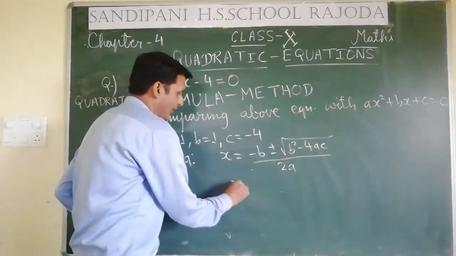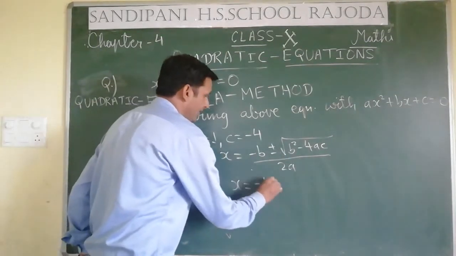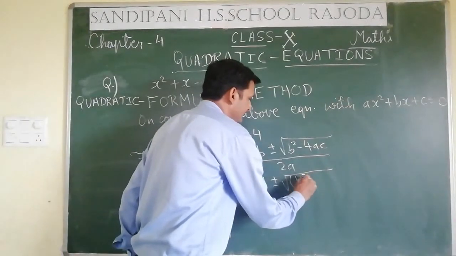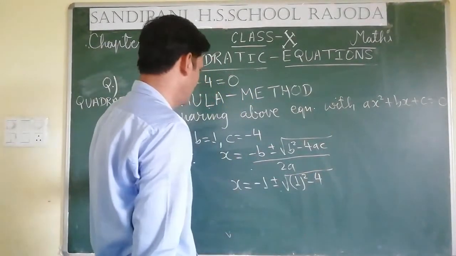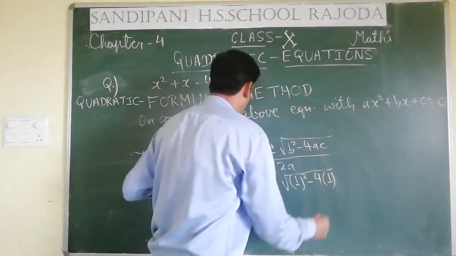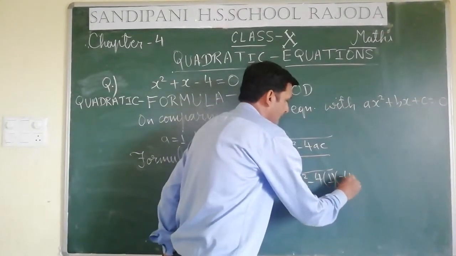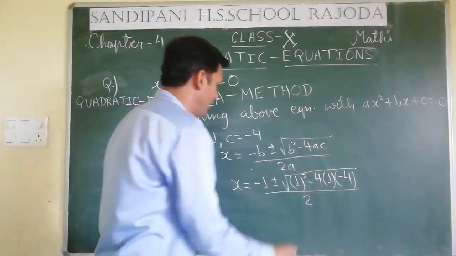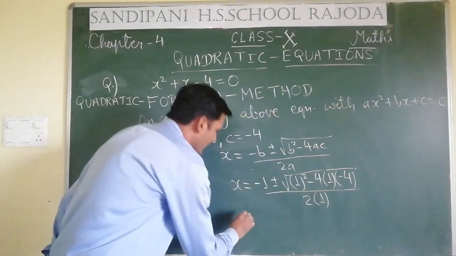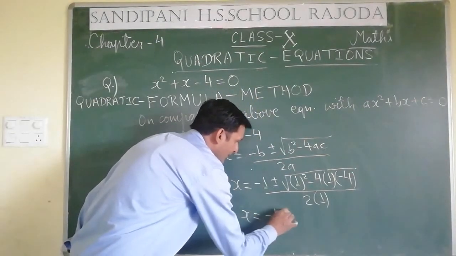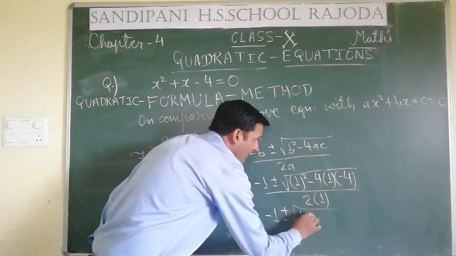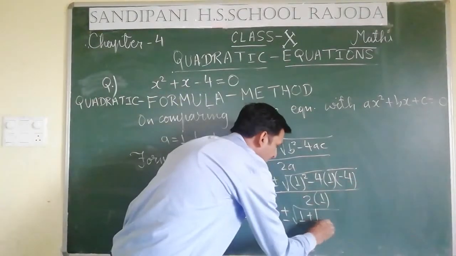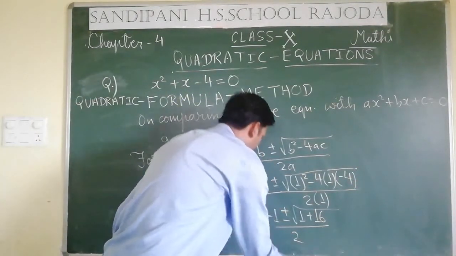So x is equal to minus 1 plus minus under the root b square, means square of 1, minus 4 into value of a is 1 and value of c is minus 4, upon 2 into value of a is 1 again. So x is equal to minus 1 plus minus under the root 1 minus minus, plus, because this minus is multiplied by this minus, 4 on the 4 the 16, plus 16 upon 2.